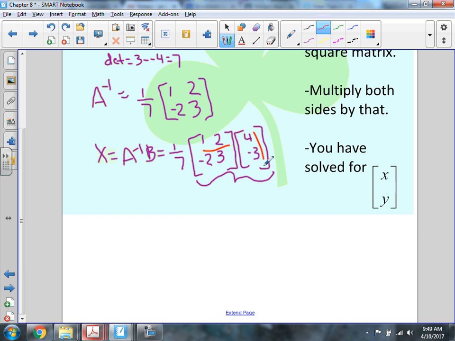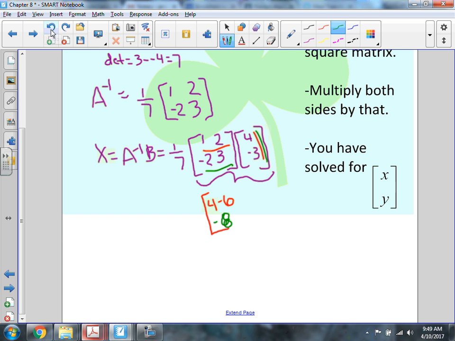So row by column. 1 times 4, 2 times negative 3, and then here to here, row by column, negative 6, whoa, negative 8.